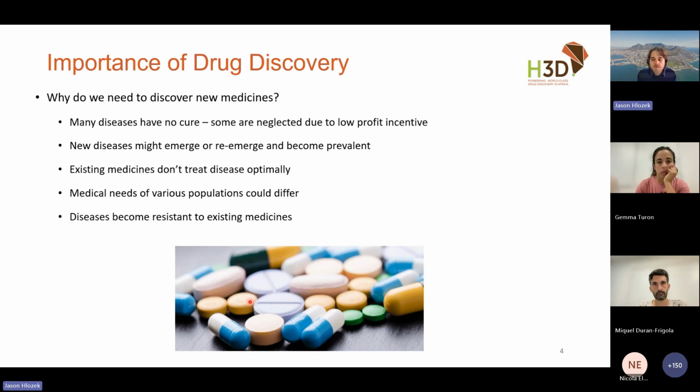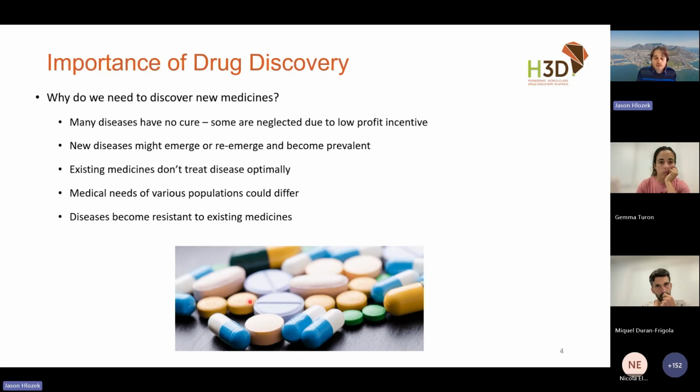Maybe they're too expensive. For example, in TB, they require a 6-month combination treatment of 4 drugs. If we can find new medicines to make that treatment better for the patient and more cost effective, then there's value that can be added there. We're constantly facing challenges around disease resistance.